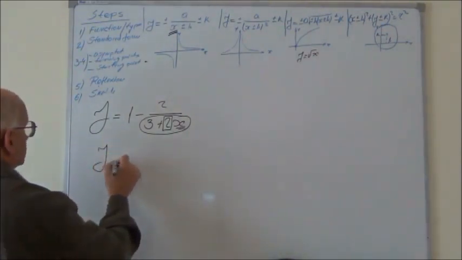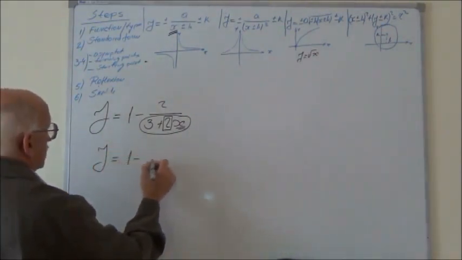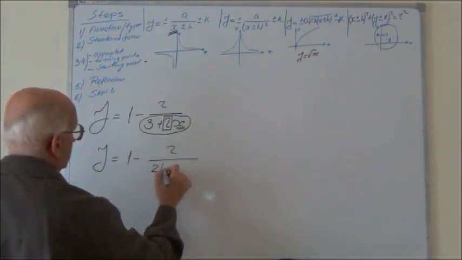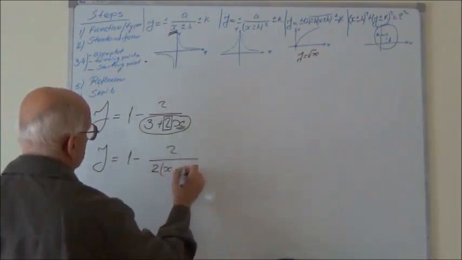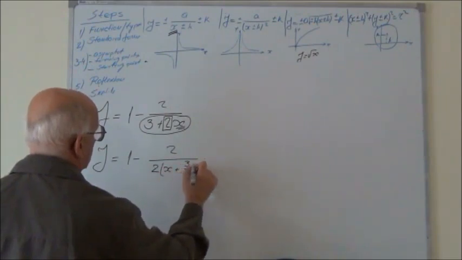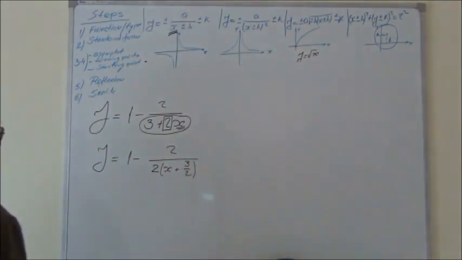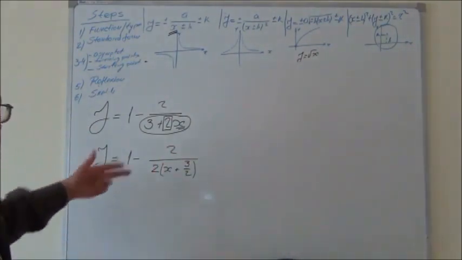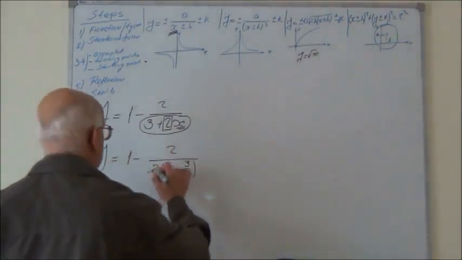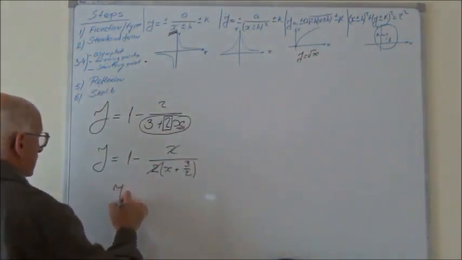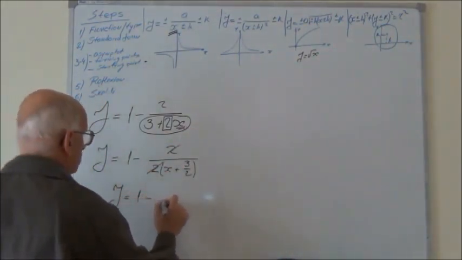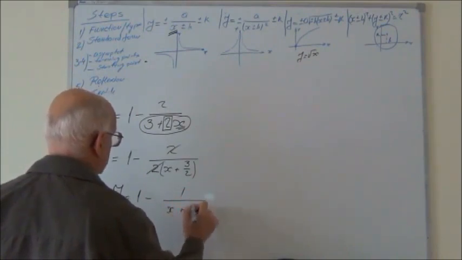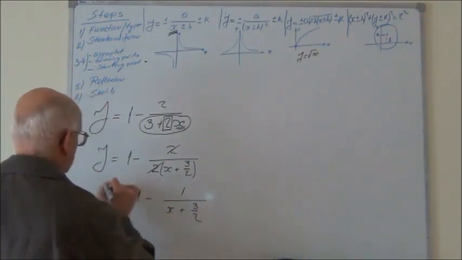Then our equation will be 1 minus 2, and when we take 2 from here, then x plus 3 over 2. Of course, now we can see we can simplify this, we need 2 here and 2 here, so cancel those out, and y equal 1 minus 1 over x plus 3 over 2.